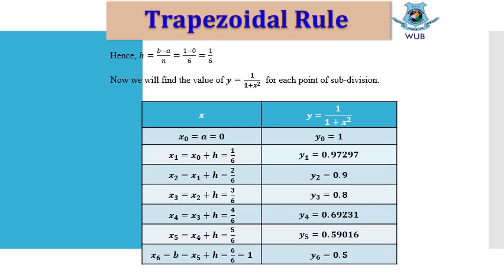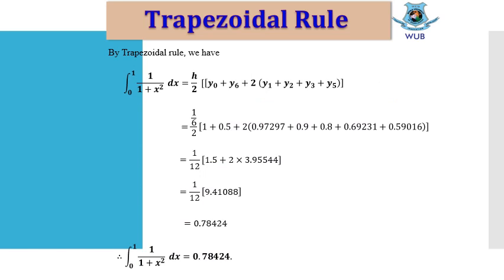If we put this in the equation, then we get y naught, or first value of y, equals 1. Then we just calculate up to the 6th value of x, and we also get the y value up to the 6th term, and that will be 0.5. Okay, this calculation is very simple, and I hope you already understand how the calculation is done.